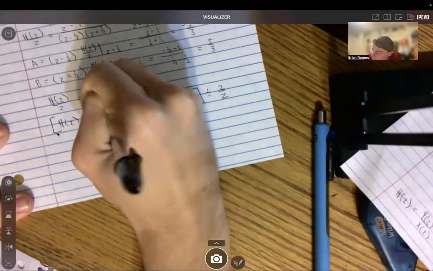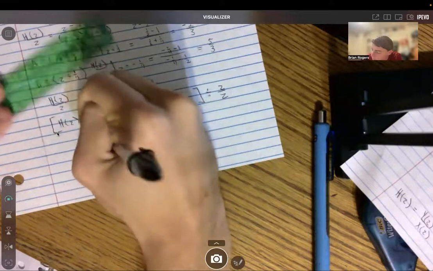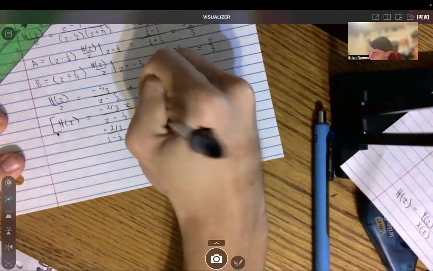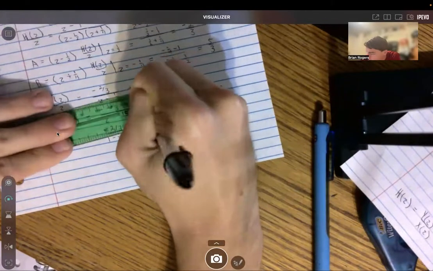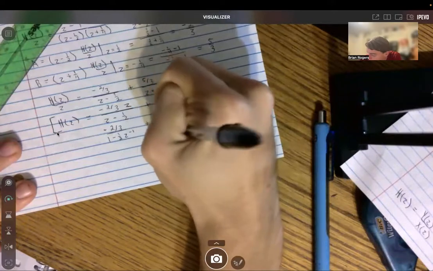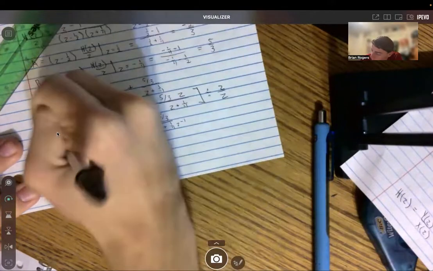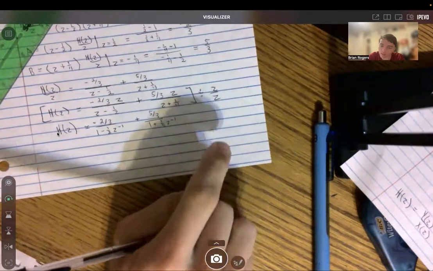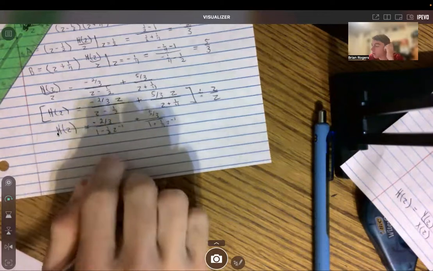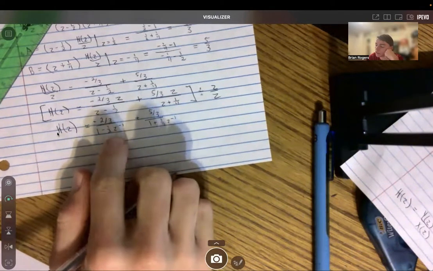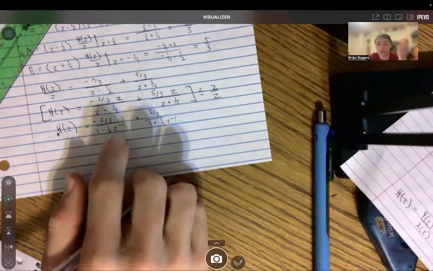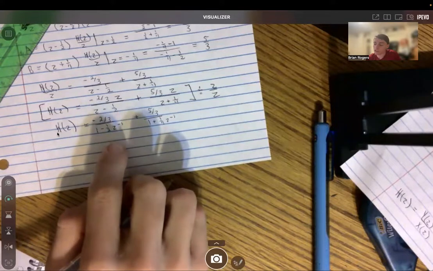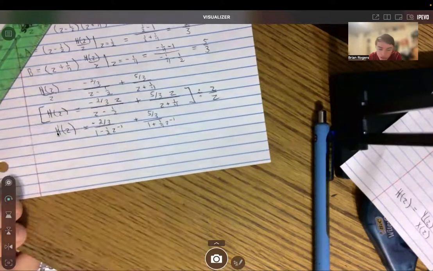That's going to give us −2/3 times 1 over (1 − 1/2 z^−1), and then plus 5/3 times 1 over (1 + 1/4 z^−1). That's still your H(z), because it's divided by 1, which is the same thing, so it doesn't affect this at all. It's just to put it in terms of what we use for the Z transform table, because the Z transform table is written in this format. And so we just converted it so it's easier to take the inverse Z transform.